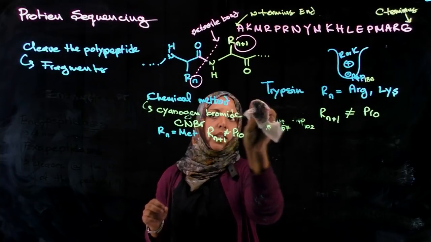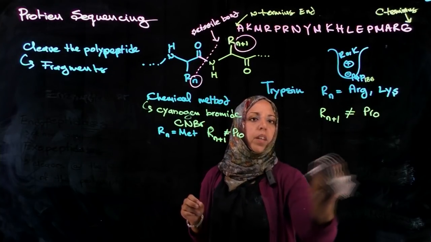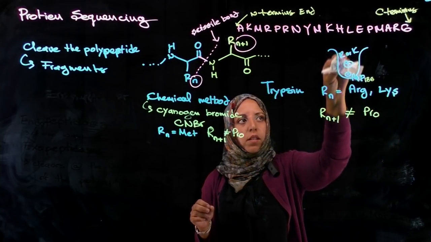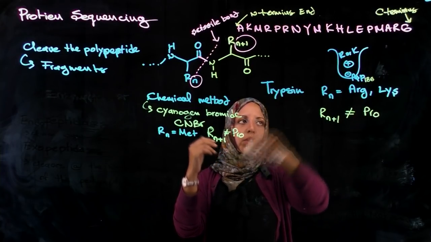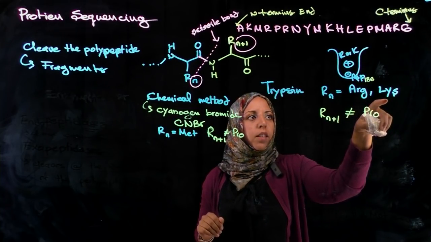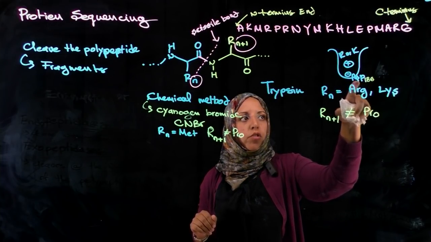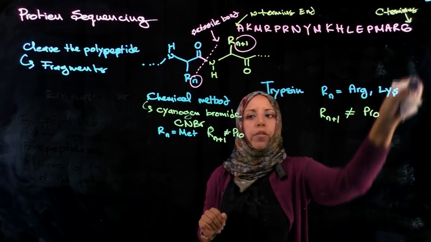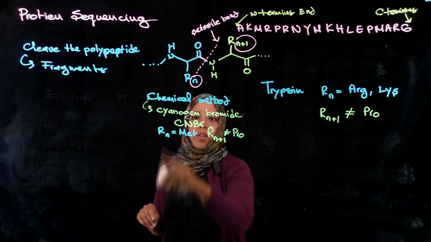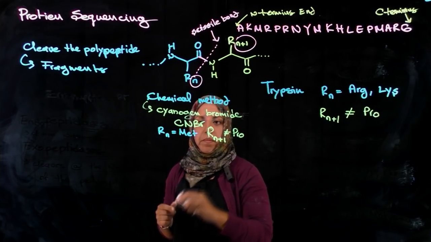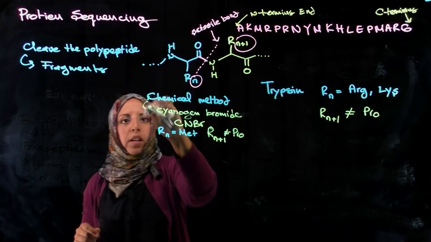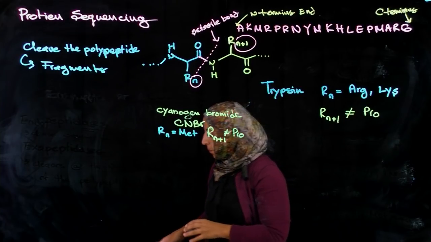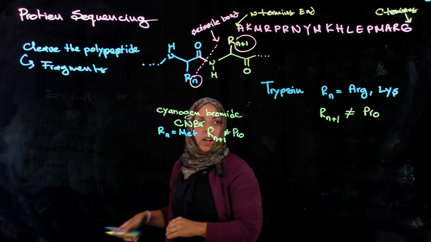But I'm going to go ahead and erase that, right, to make it less crowded. Its specificity pocket, which is a pocket created when the actual protein is folded, fits arginine or lysine right in the pocket, and they're stabilized by charged interaction with aspartic acid. But again, that's something we talk about in a different chapter. So I'm going to go ahead and erase that. All right, and we're using cyanogen bromide, right? That's just the abbreviation for it. So that's the chemical method that we're using. All right, so now let's take a look at the peptide sequence.